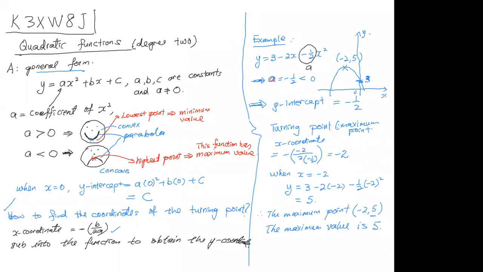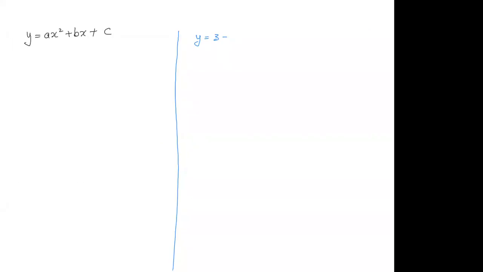So be very careful with the thing -2x minus half x squared. So I know my graph goes some sort like this. Okay, this is -2, 5.